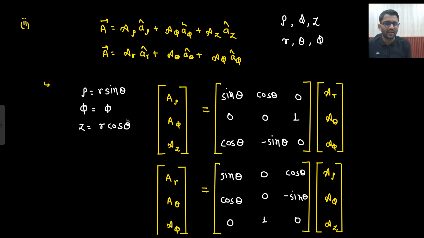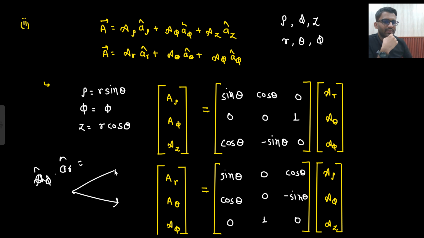In the examination, if they are asking me what will be my A phi dot AR cap, what am I going to think? Where is my A phi? Okay, this will be a bit tough. No, it will not be tough.